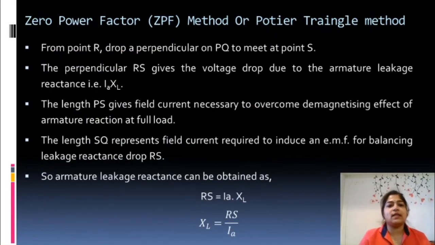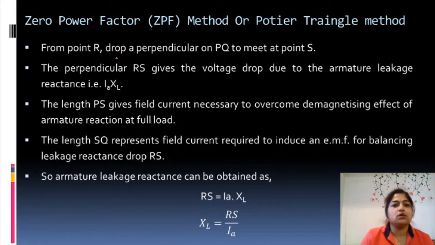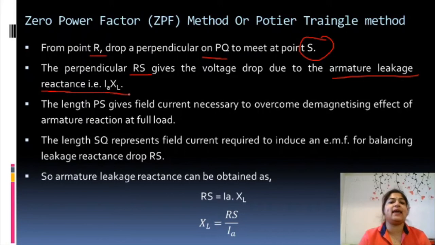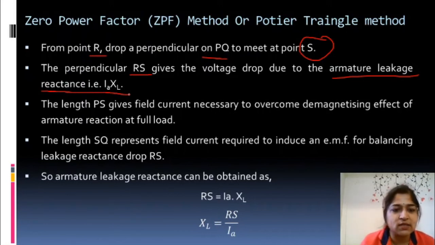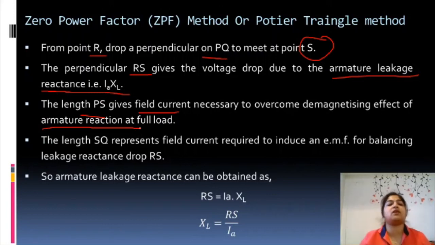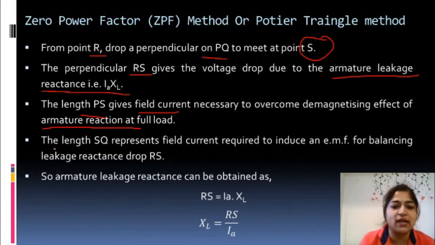Next, from point R you will drop a perpendicular on PQ, which will meet PQ at point S. Now this perpendicular RS gives us the armature leakage reactance drop, that is IA XL. The length PS gives the field current necessary to overcome the demagnetization effect of armature reaction.